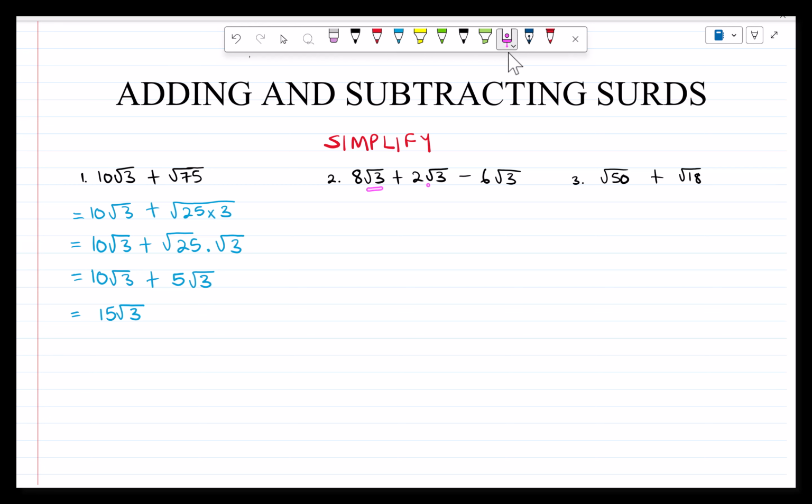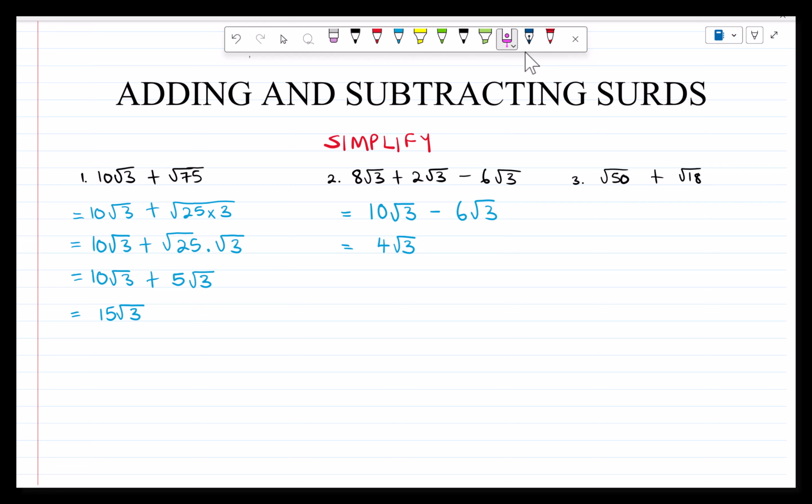Because we have root 3 on all three of them, this makes it like terms, and we can simply add or subtract like terms, whereby we are saying 8 plus 2, remember we're adding the coefficients, so 8 plus 2, that is 10 root 3, subtract 6 root 3, and then we go ahead and say 10 minus 6, that is 4 root 3.